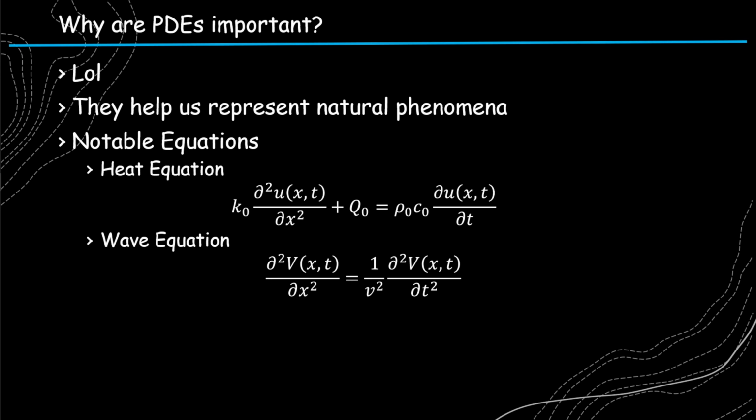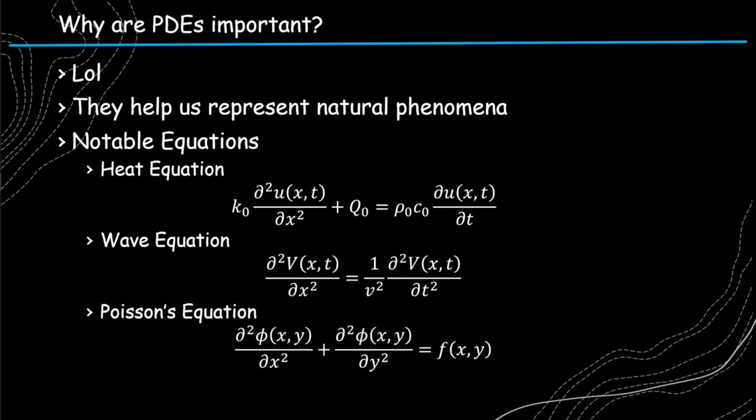This is a mathematical representation of an electromagnetic wave, where 1 over v squared is actually 1 over c squared, where c is the speed of light, and then v is the voltage. And then you can do something similar with current, since voltage and current are related.